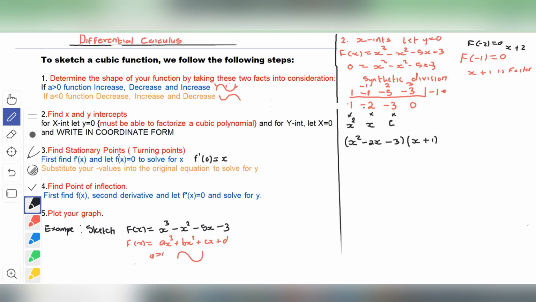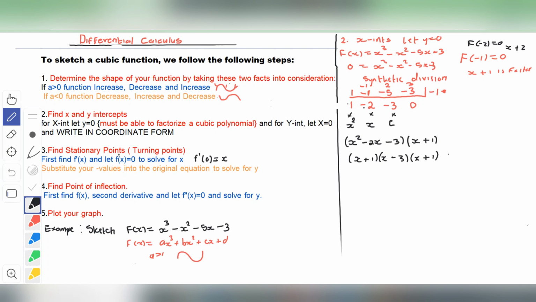When we factorize this, we are going to have something like x plus 1, x minus 3, and x plus 1. We can see that we have x plus 1 and x plus 1, whereby after having this, the value is equal to what?